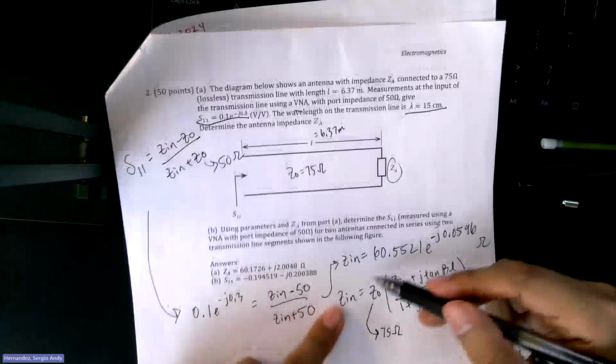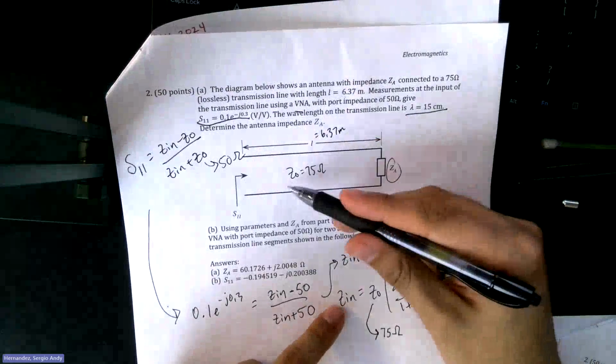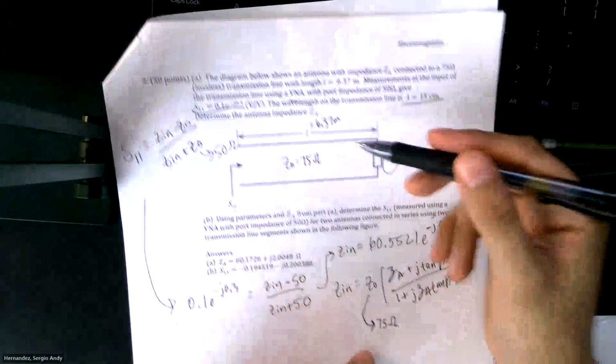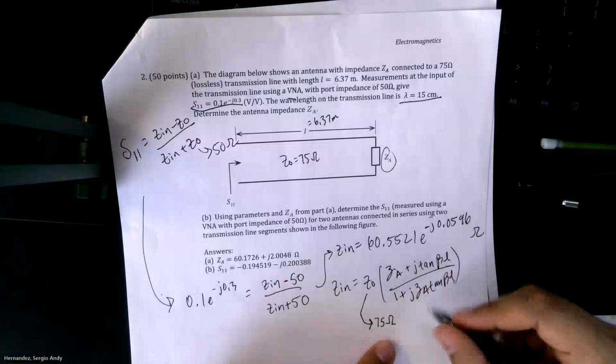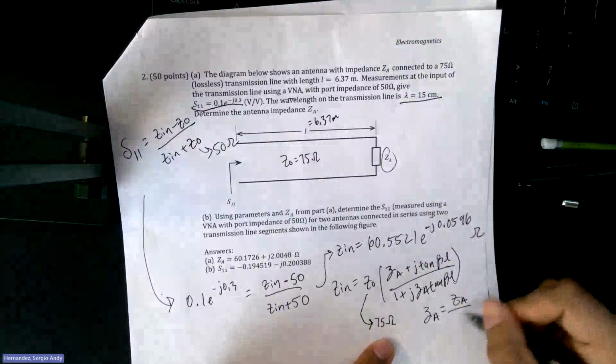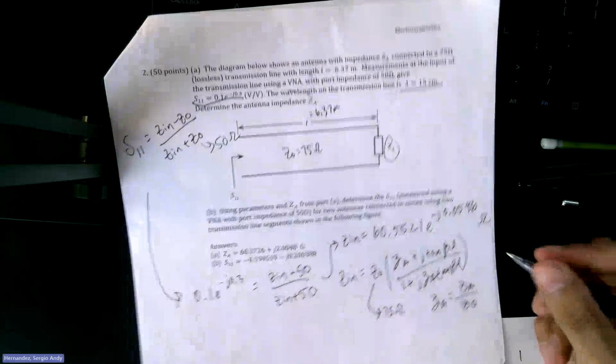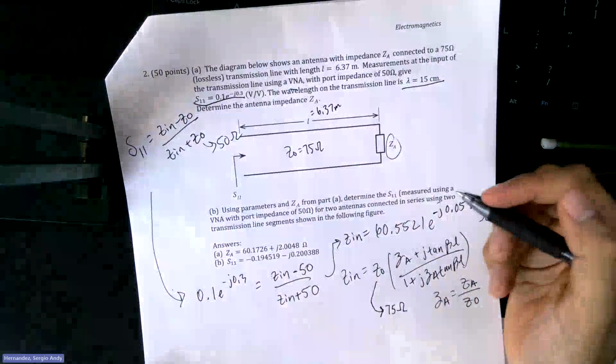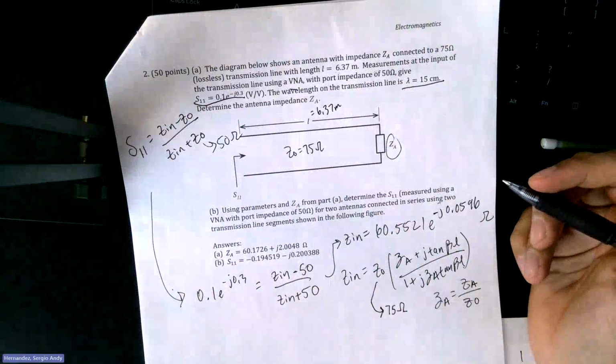Because in this equation, you're using a property of the transmission line to shrink it down, which is equal to ZA over Z naught. And the Z naught is the same in this problem, so yeah.